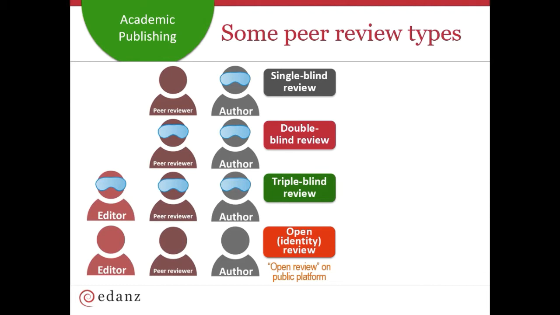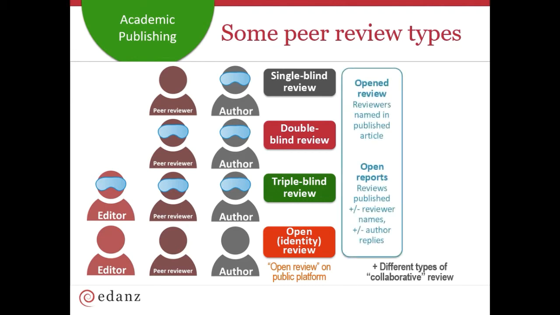There are also different types of collaborative review where the reviewers may collaborate with each other or with the editor or even with the authors. However, usually the authors and reviewers do not contact each other. Opened review is where the reviewers' names are shown in the final article, and some journals also publish the peer review reports with or without the reviewer names, known as open reports.